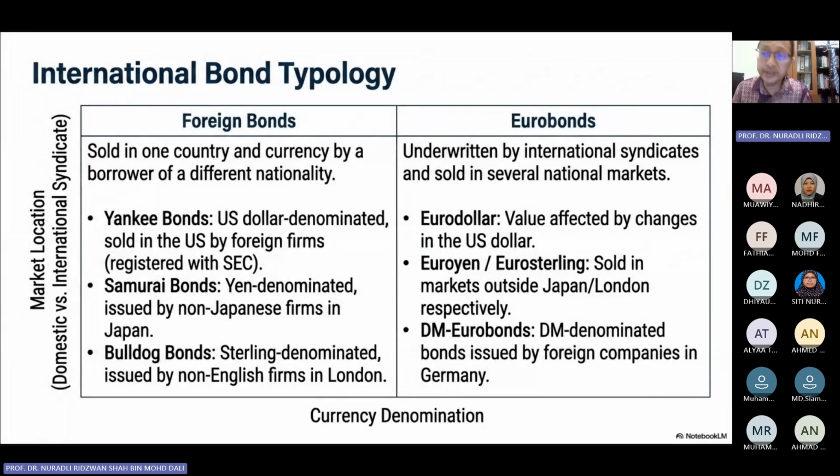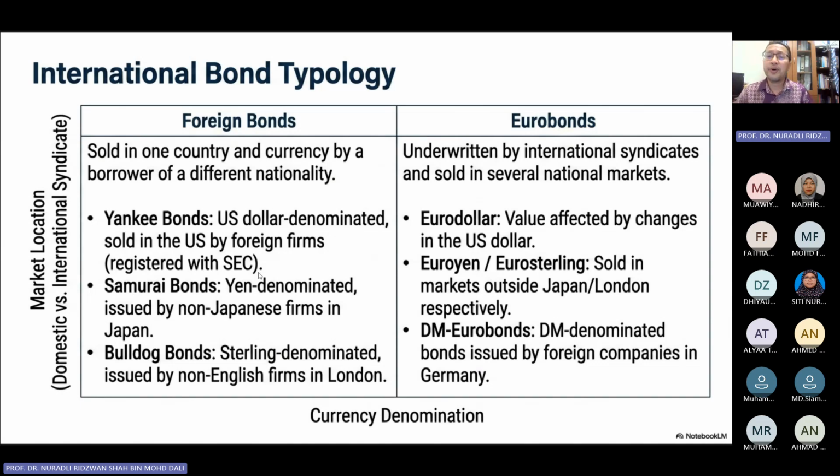Okay, we have foreign bond and euro bond. Foreign bond is sold in one country and currency by a borrower of a different nationality. So we have Yankee bond, Samurai bond, and also Bulldog bond. Malaysia last time issued Samurai bond during Tun Mahathir's time.